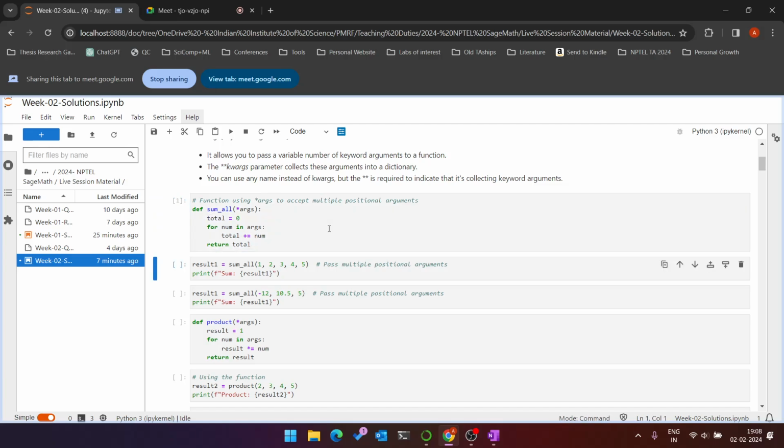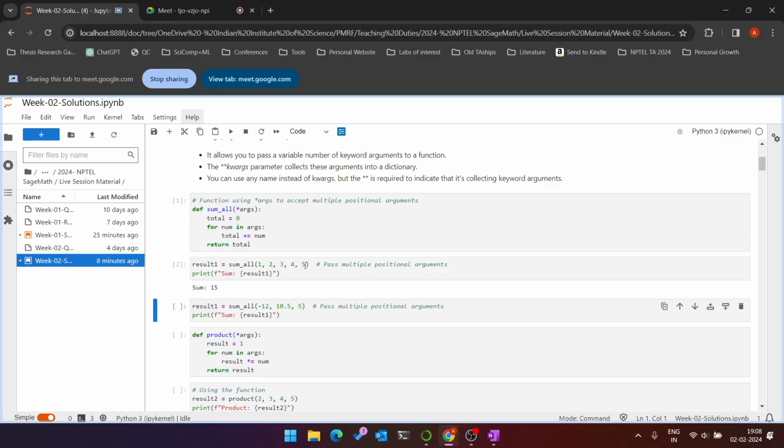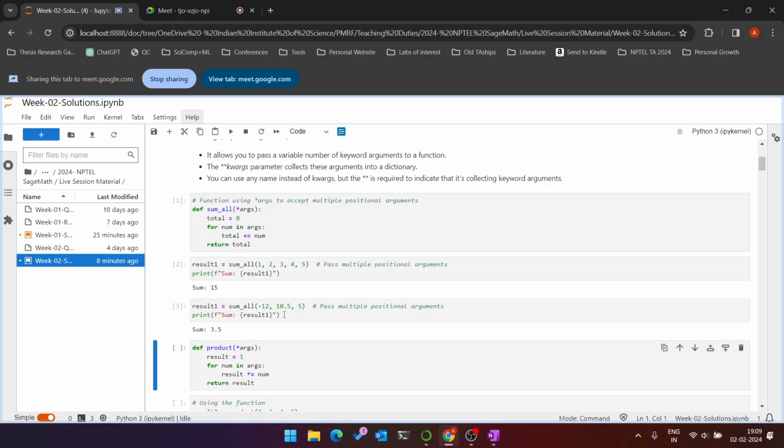If I run the first example, you can see that sum_all has 5 arguments, 1, 2, 3, 4, 5, and if I print the result, the sum is 15 as expected. We can also run a different example with, say, only 3 arguments.